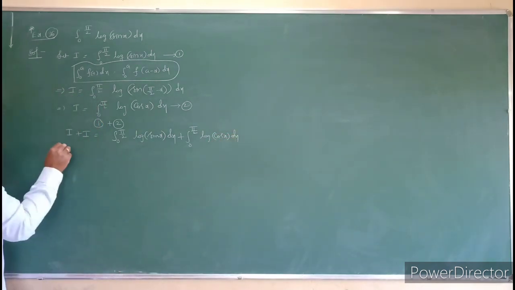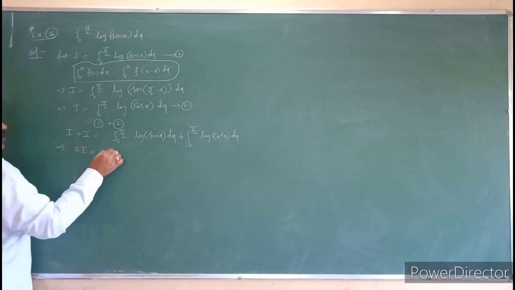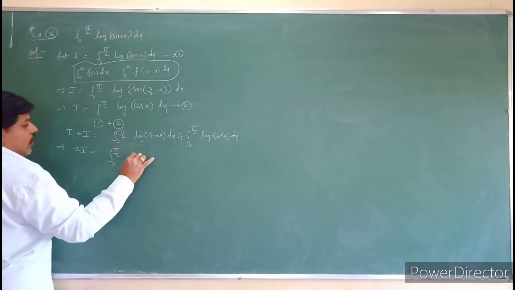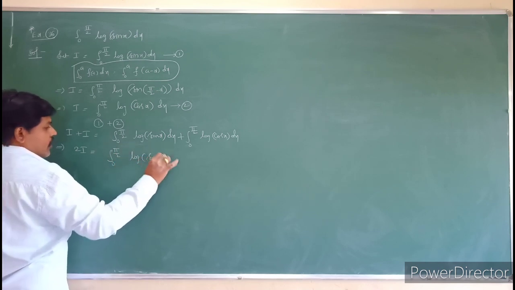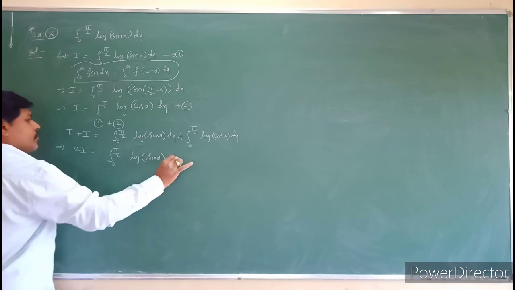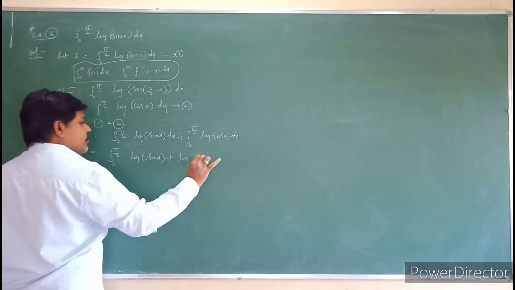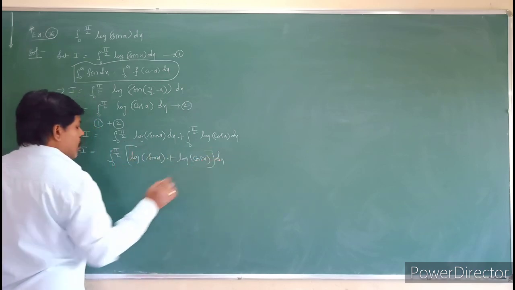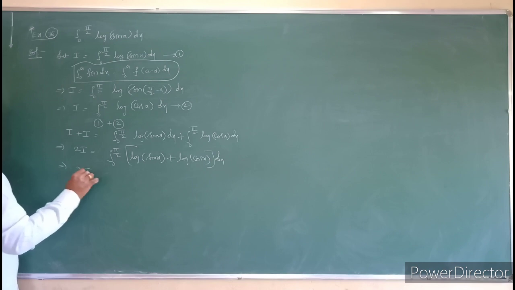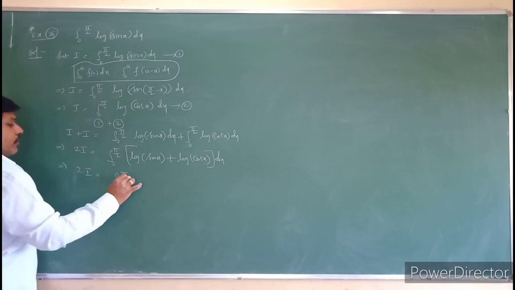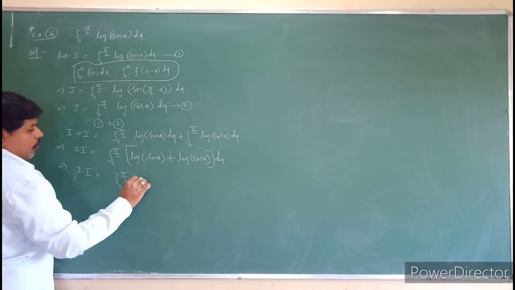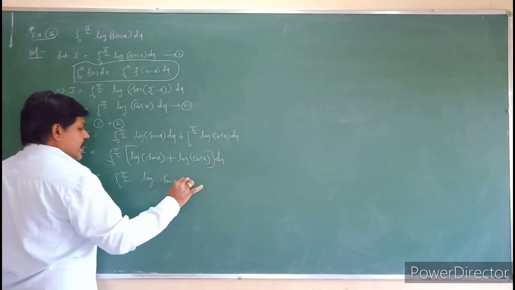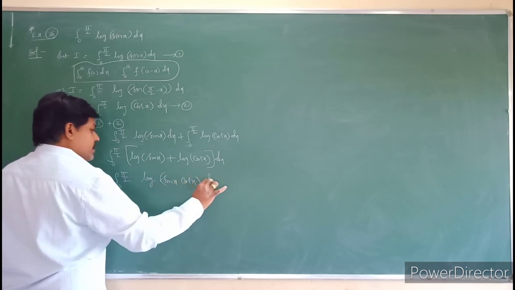So that implies 2I is equal to integral 0 to pi by 2, take it out, log of sin x into dx plus log of cos x into dx. So log a plus log b you can write as log of ab. So that is nothing but sin x into cos x into dx.